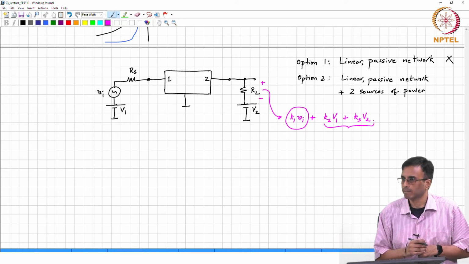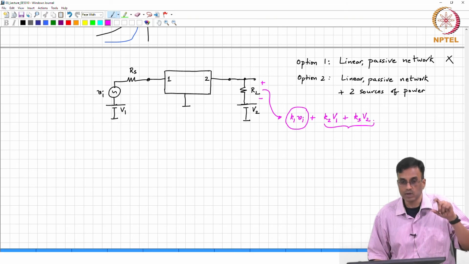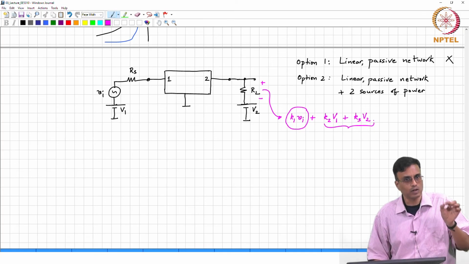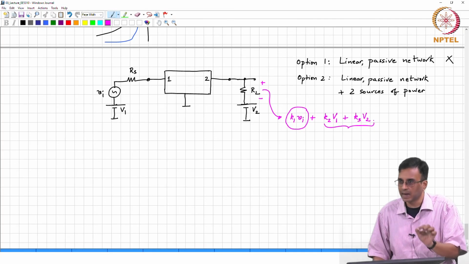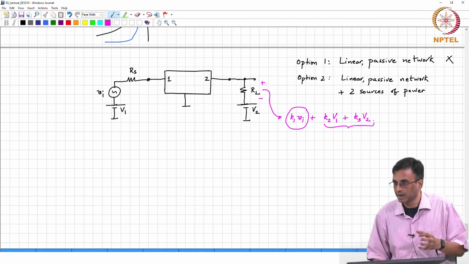Is this clear? So, by adding V1 and V2, which are external power sources, it is indeed true that the power dissipated in RL can be greater than the power drawn from Vi.